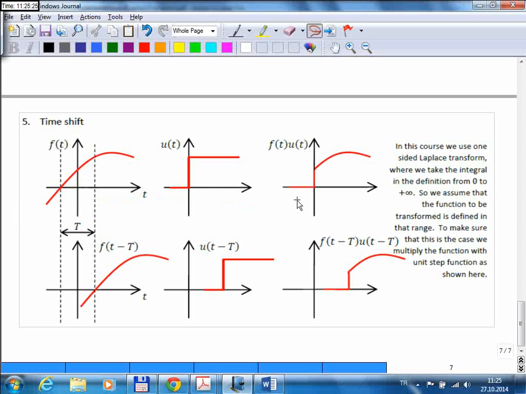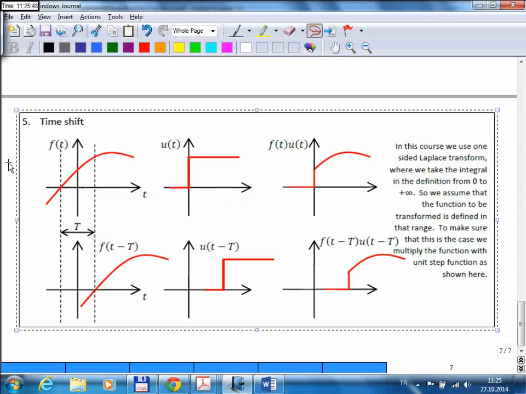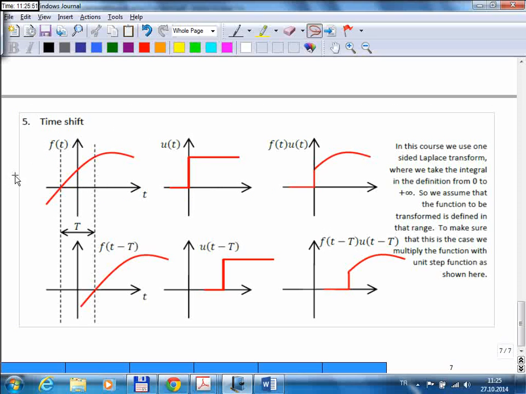While doing that, we in fact assume that the function has no value prior to t equal to 0. So when taking the right side of the Laplace transformation, we assume that the value of the function is equal to 0 at negative time values. To represent that, here's what we do. We take any function, and when you multiply that with the unit step function, you obtain a function that has 0 value at negative time values.